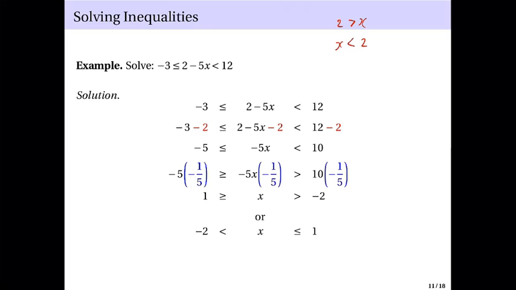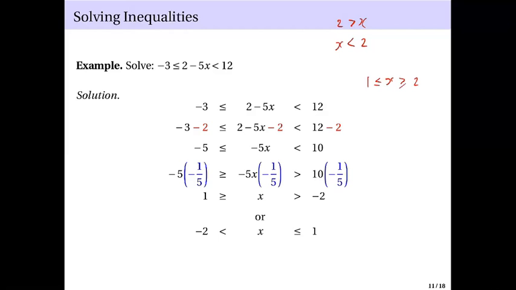Now, in a chain of inequalities, as I mentioned earlier, the direction of the inequality must be the same. You will not see something like x greater than or equal to 1, also greater than or equal to 2. This as an inequality does not make sense.